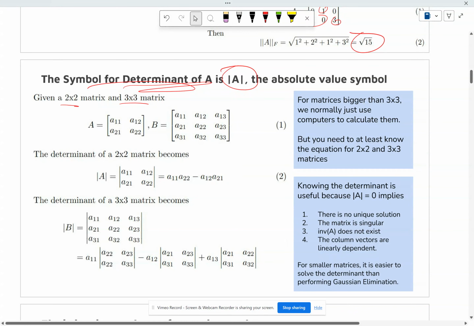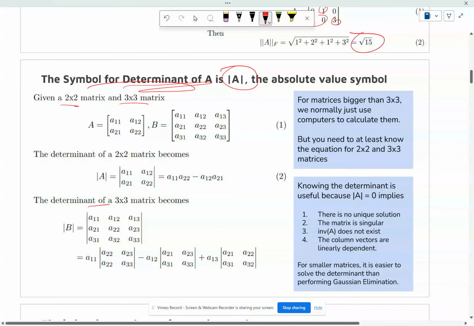Now, for a 3 by 3 matrix, wait, one more second. For a 2 by 2, you can also picture this times this, and then this times this, which is exactly what I said, but you'll see why I mentioned this.